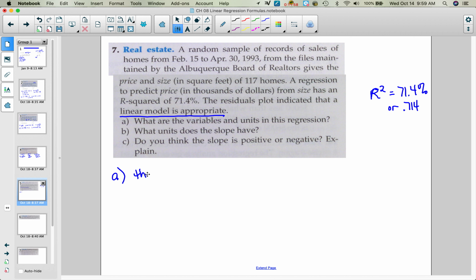So the explanatory variable. You think about what you're predicting. They are saying that they're predicting price. Well, that makes price the response from size. So the explanatory variable is size, and it is in square feet.